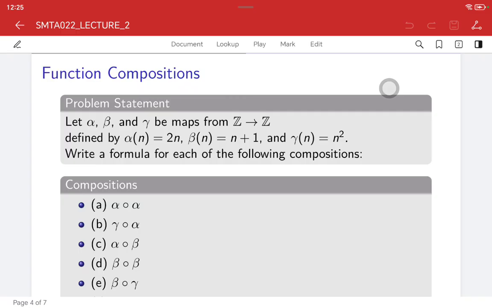So the question is, how do we write compositions? Who remembers how we write compositions? Surely you have learned this. Remember composite functions, right? I just wrote it as function compositions. Do you remember composite functions? Anyone who remembers composite functions can try to say, this is how I write this problem.